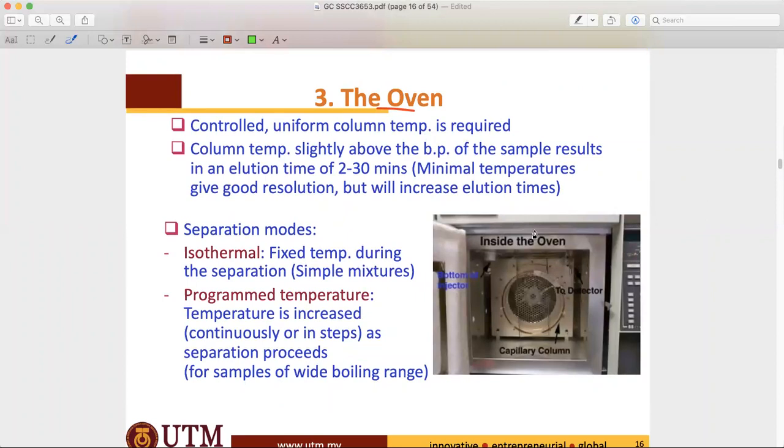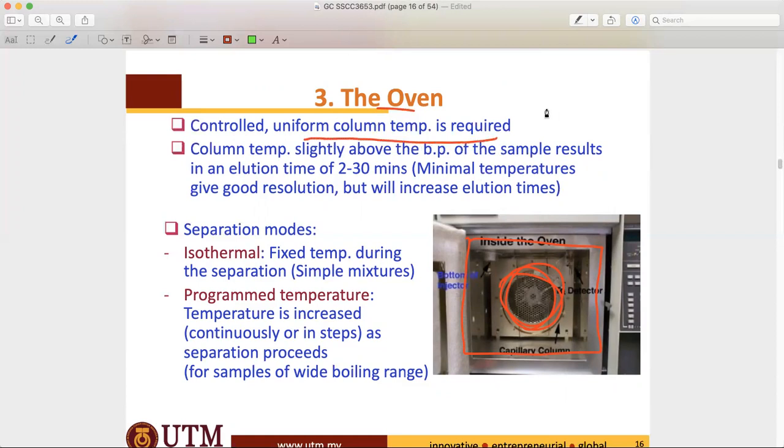The oven is a controlled, uniform temperature device. It controls the temperature. This is the oven, which houses the column. In this oven, which houses the column, a controlled uniform temperature is required.